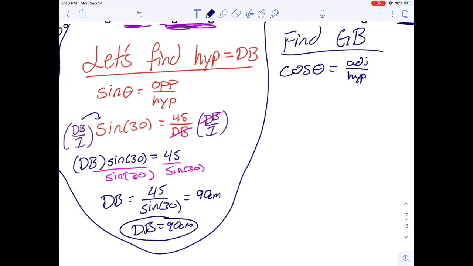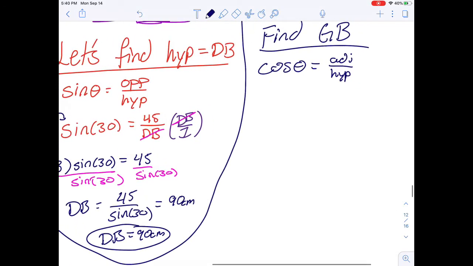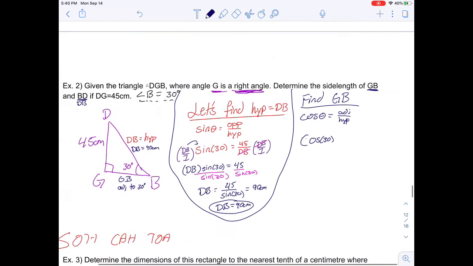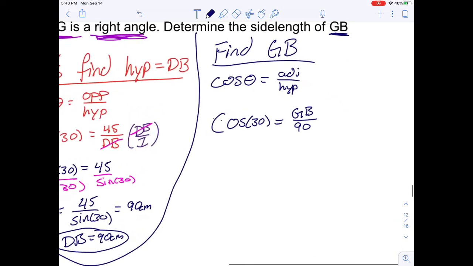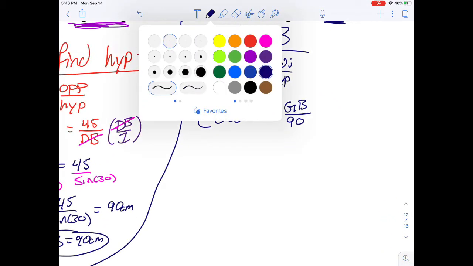Okay, and now we can plug it in. We're doing it in terms of 30 degrees. Our adjacent side length is g to b, and our hypotenuse in this case is 90. And now we can solve for g to b.